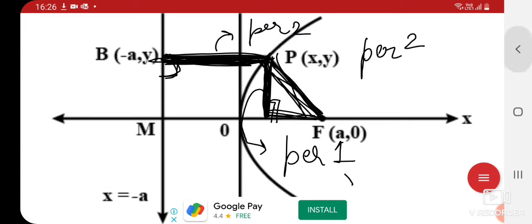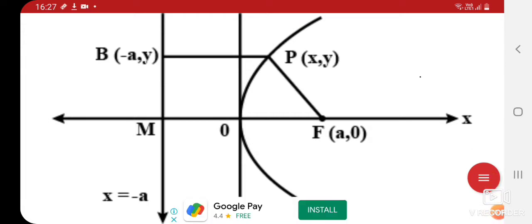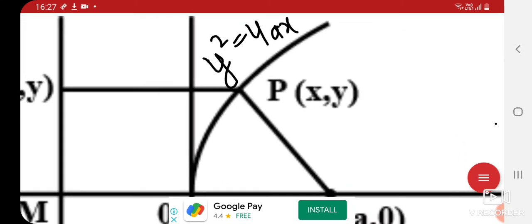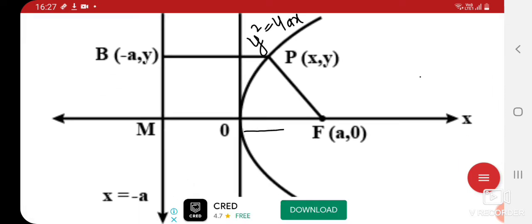Now, let's say this equation is y squared equals 4ax. Again, this a is the focus. Is that right? This a is the focus, this length. Okay, now what I need to tell you is that the distance between these two points is equal, and the distance between these two points is also equal.